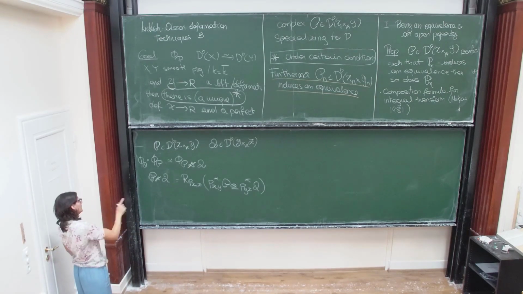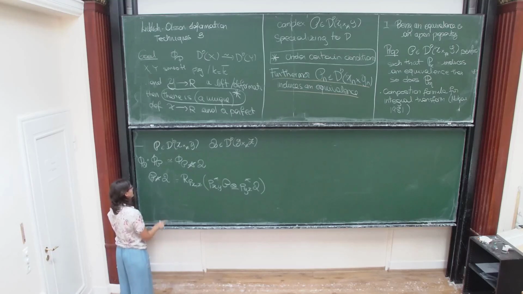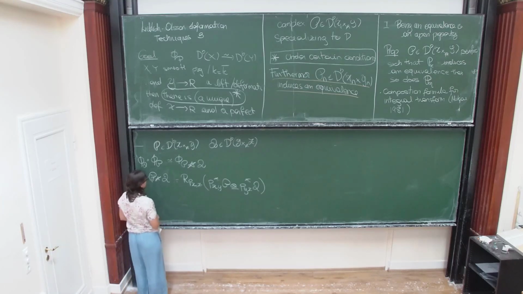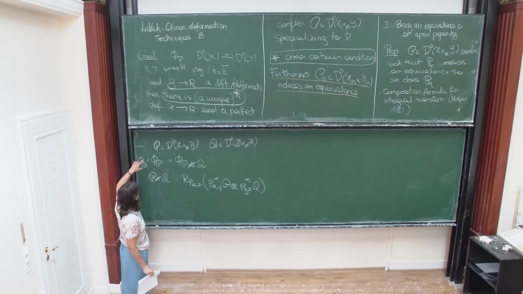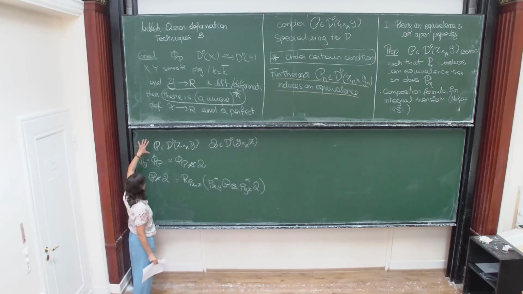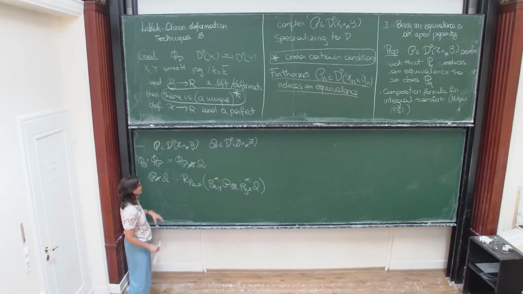Okay, so now thanks to this and Mukai's work, one of the reasons why we like to think of equivalences as integral transforms is that it's easy to give a formula for the adjoint.